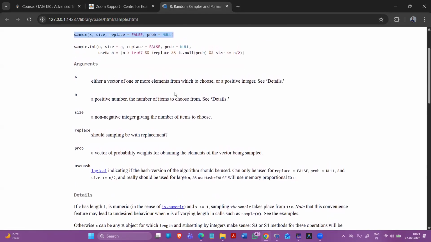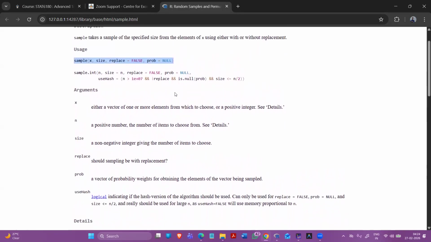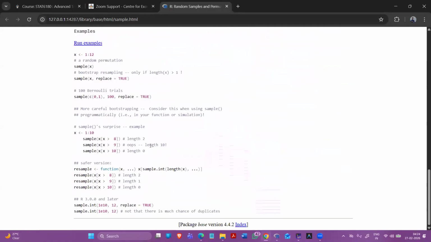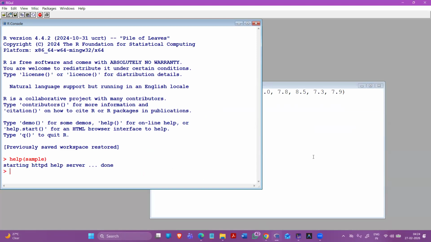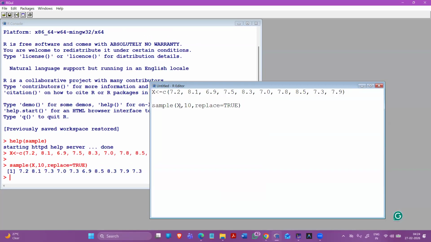So what we need to do is set replace equals true, that is, repeat equals true. Sample of size 10, replace equals true. Correct. I am going to run this one.